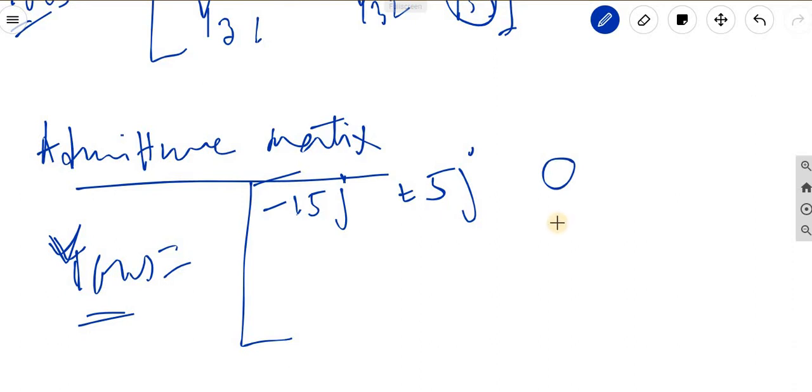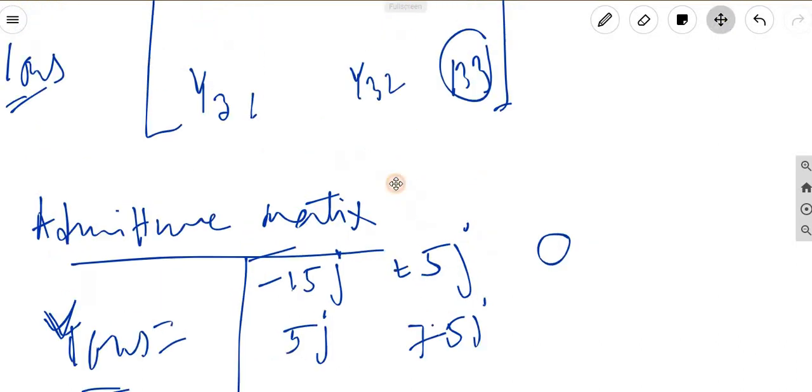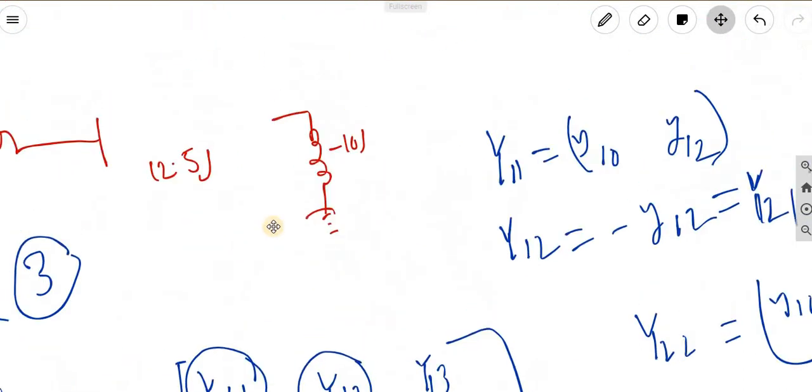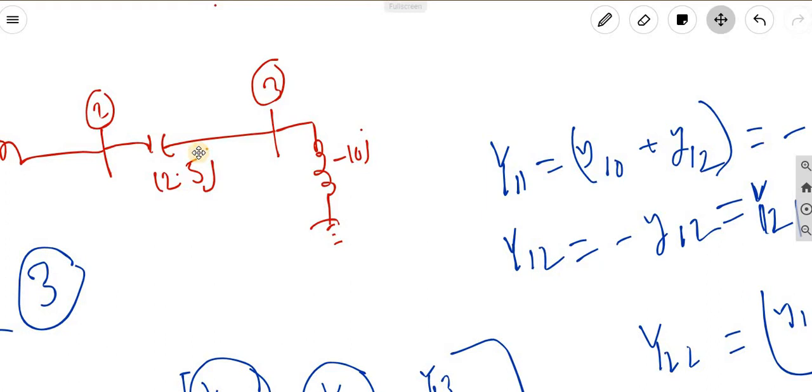This is 1 3, not connected, and 2 1, that is 5j, and this is positive 5j, and 2 3 is connected, but there is a positive sign already because of capacitance.